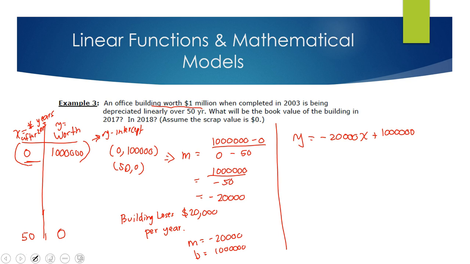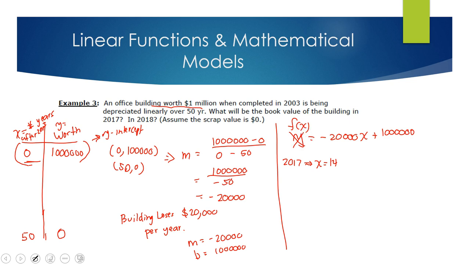So now it's asking me for the value of the building in 2 different years. The way I defined it, in 2017, that means that x would have to be 14. And this is actually going to take the place of f of x, if you want.